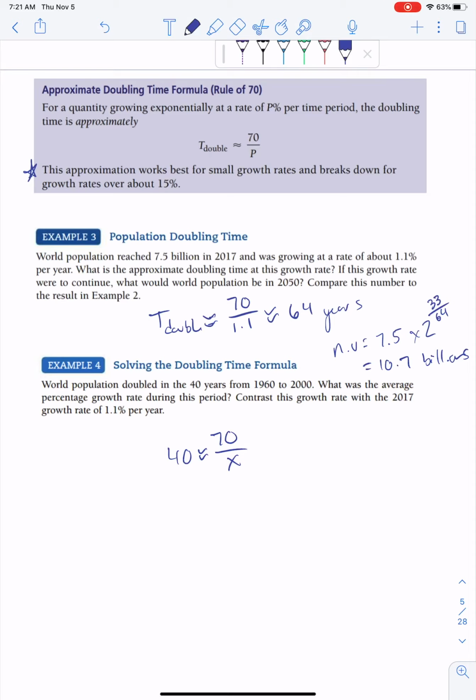So I'm solving for x. If I multiply both sides by x, then I end up with 40x is approximately 70. And then if I divide by 40, x is approximately 70 divided by 40.